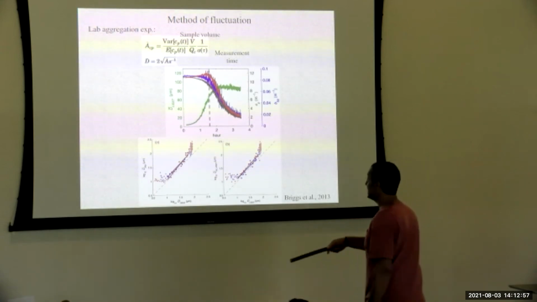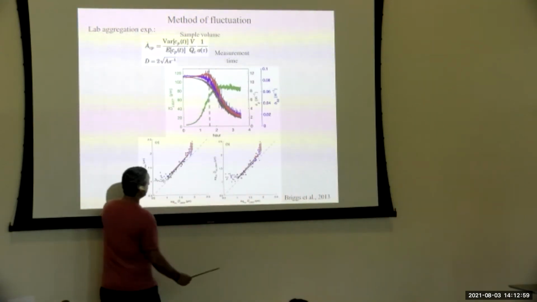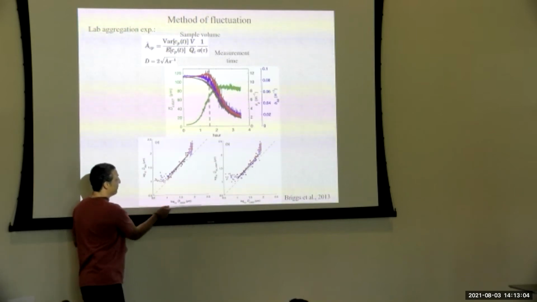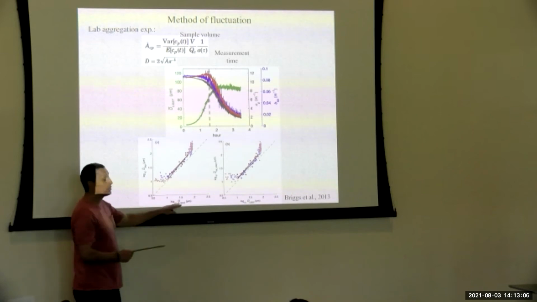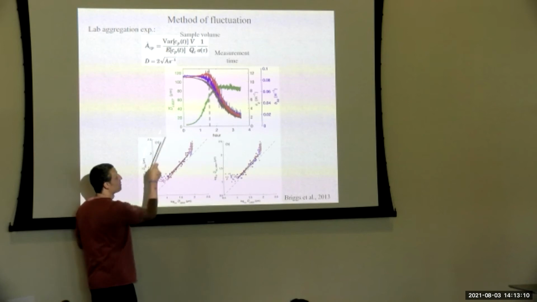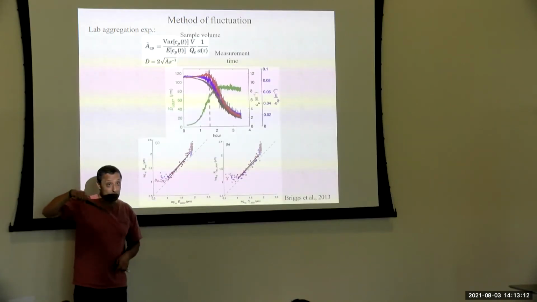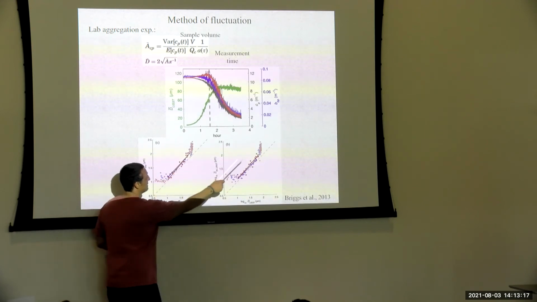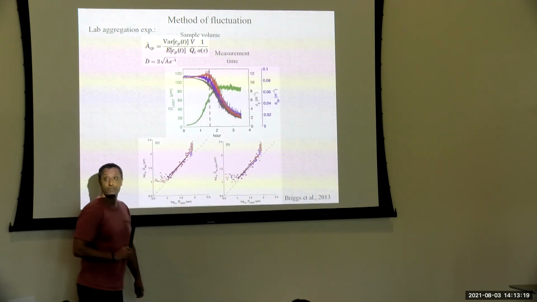What he found is that just from the fluctuation in backscattering or the beam attenuation, you get a very good fit relative to the mean size from the LISST. So the method was a good method. Just looking at the noise, the spikes gave him a really good estimate of the size based on the LISST.